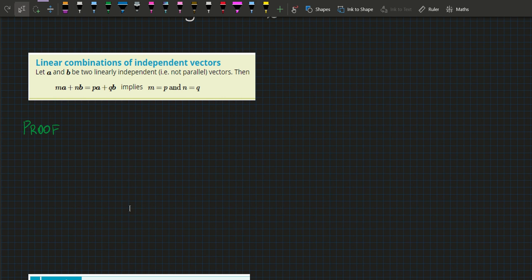All right, so yeah, we're taking up a lot of time here, but all we have to do is just simple algebra to show why this is true. So if I now subtract M A plus N B, and if I subtract the other one over, we're going to have minus PA.